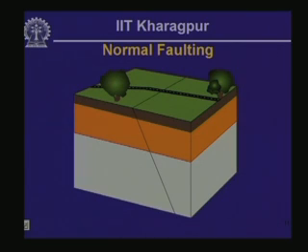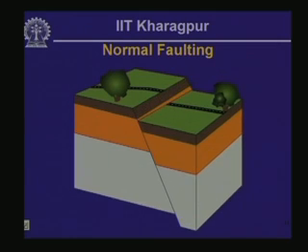How normal faulting can be viewed from the perspective of mechanics, and as a problem of failure of rock mass. So this is how a normal fault develops. We know that already, and here what is happening is that sigma 1, or the major principal stress, is going to be in the vertical direction.